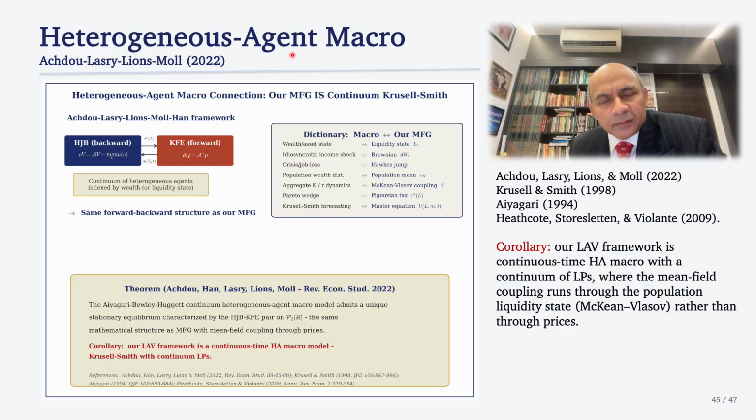They're coupled together, exactly our forward-backward system. The dictionary just renames the pieces. Their wealth state is our liquidity state. Their population distribution is our population mean. The one real distinction is the corollary. Standard Krusell-Smith couples agents through prices. Ours couples through the population liquidity state directly via McKean-Vlasov. That's what makes it a true mean field game.